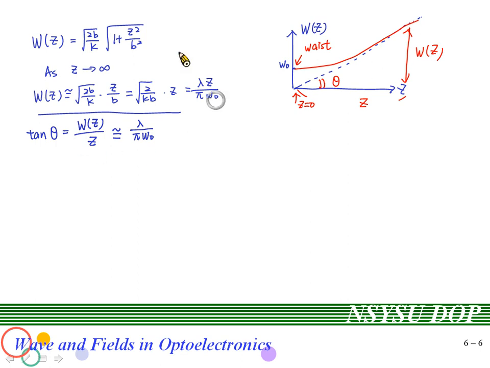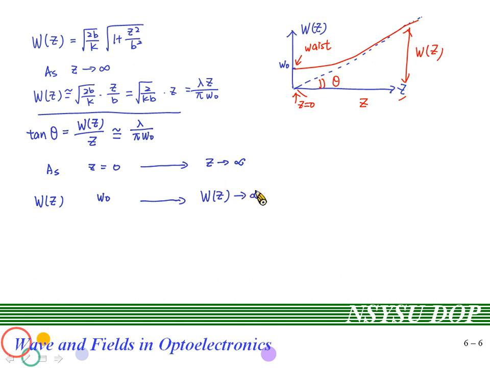And from the above equation, you will know that as z is 0, we will have a minimum beam radius, which is W0. And as z goes to infinity, the beam radius will also go to infinity.